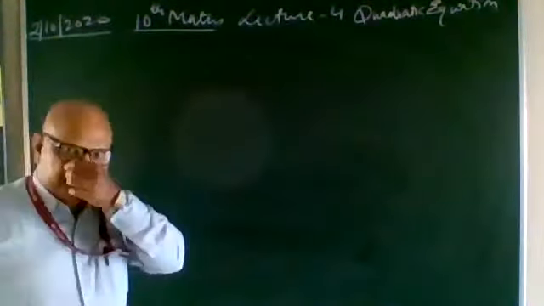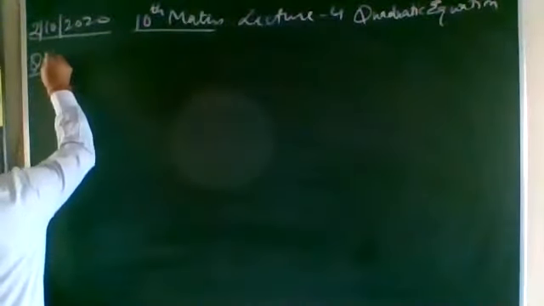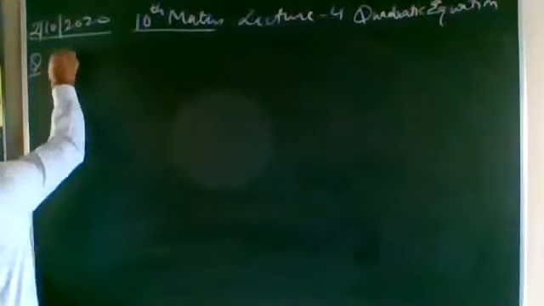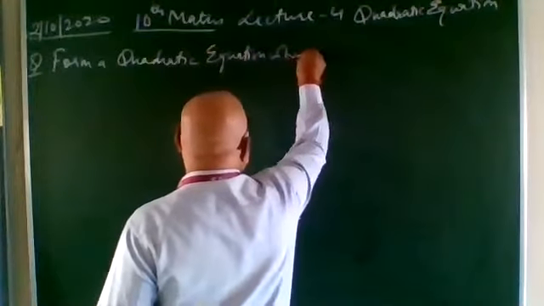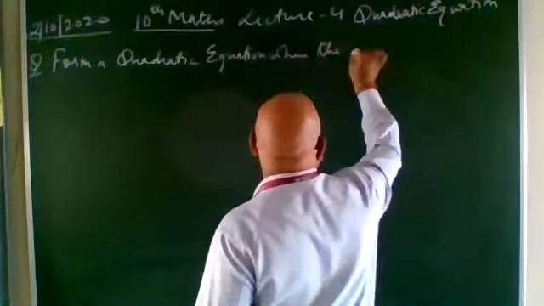Form a quadratic equation where the zeros are 3 and 2.